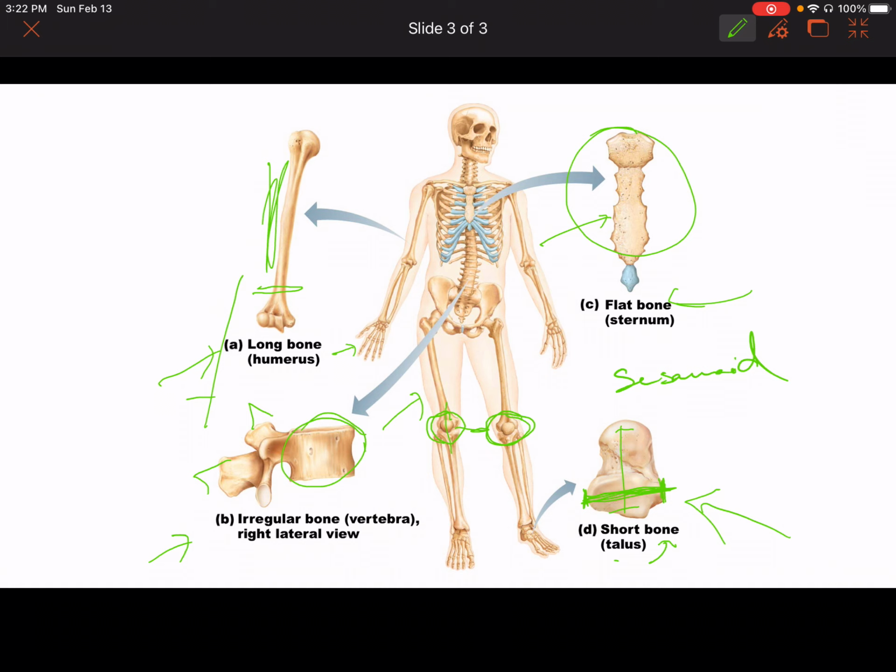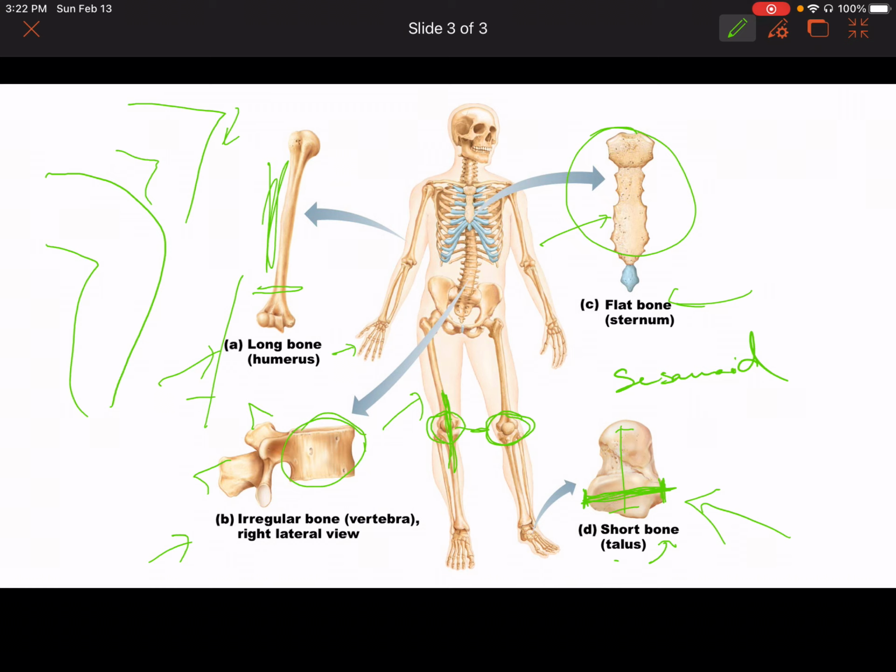For example, the patella grows within the ligaments here and elongates and elongates. If you sit a little kid, like a 2-year-old, down on a little bench, you'll notice their knees don't do the curvature that we would see in an adult knee. They're going to be almost just perfectly straight down. And that's because that sesamoid bone is still developing.